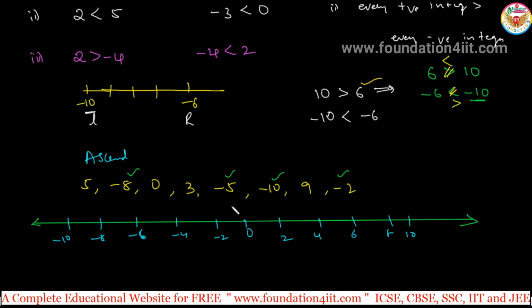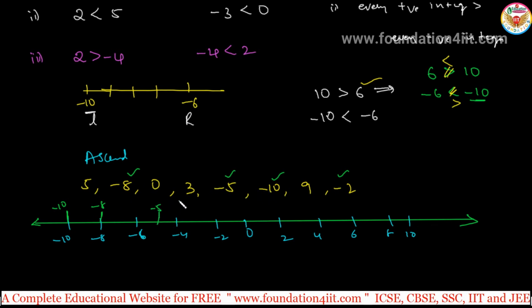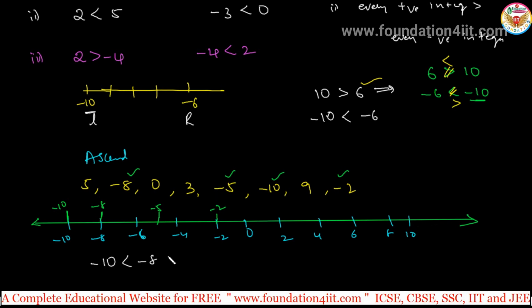Here is negative 10, then minus 8, next minus 5, and minus 2. That means left side numbers are smaller than right side numbers. So negative 10 is less than negative 8, less than negative 5, less than negative 2.